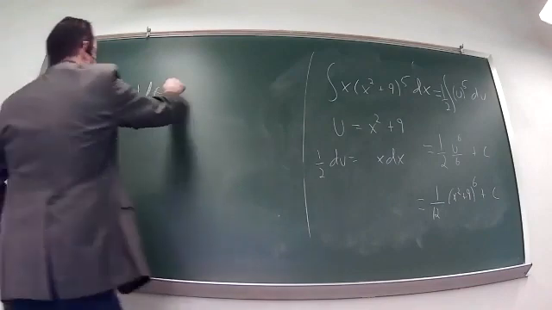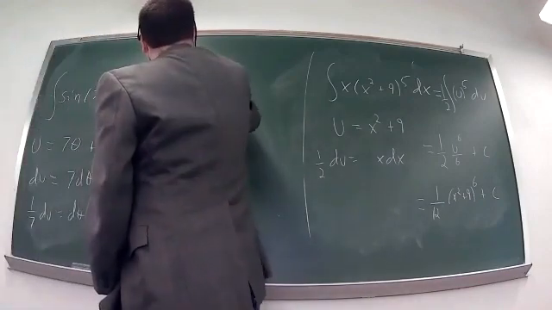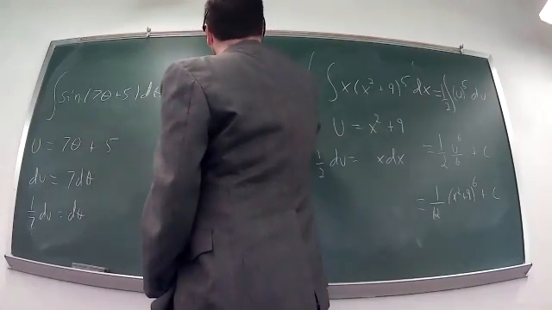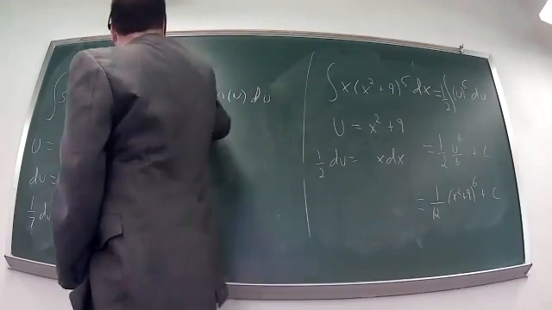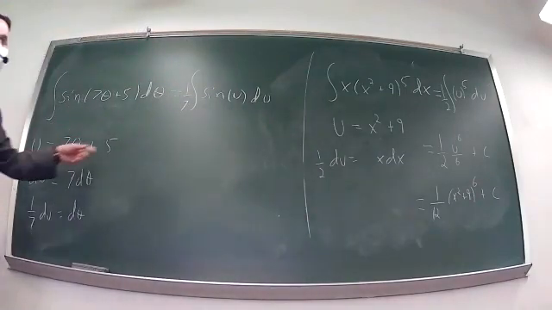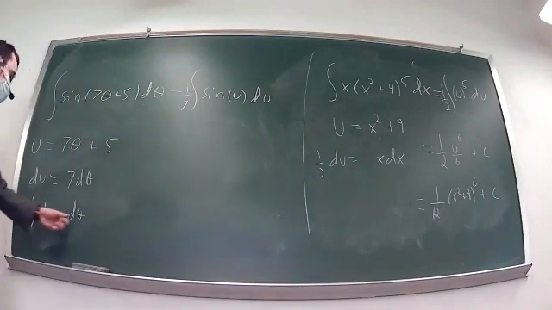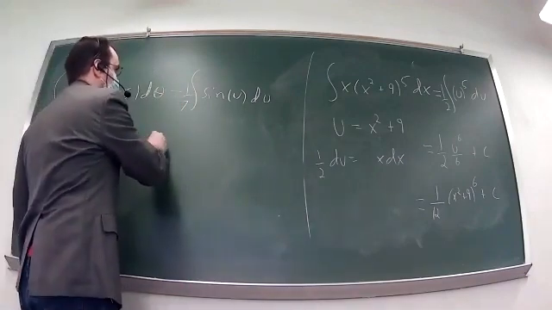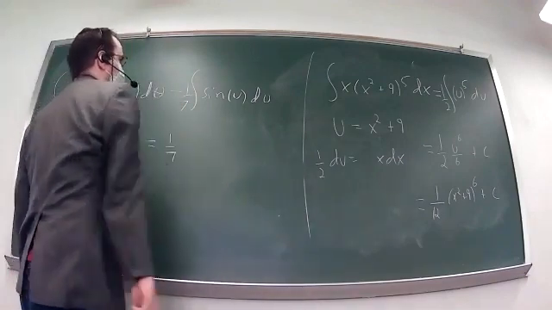So plugging everything in, you'll get the integral of sine u du divided by 7. So you see what I'm doing? I'm substituting 7 theta plus 5 for u, and I'm substituting d theta for 1/7 times du. And I like to put the constants outside of the integral. And so this is 1/7.